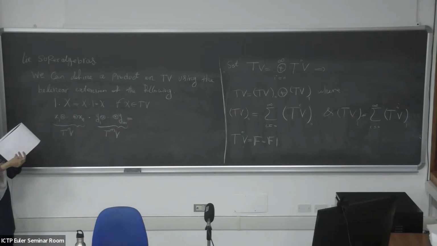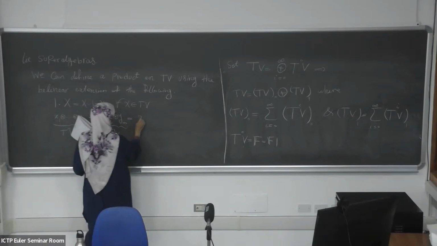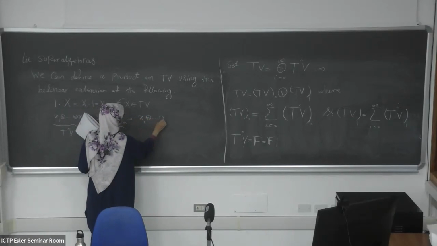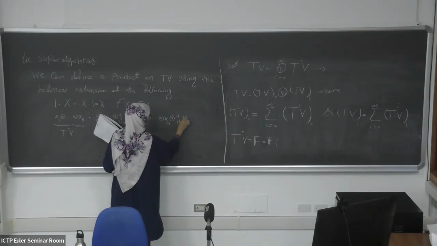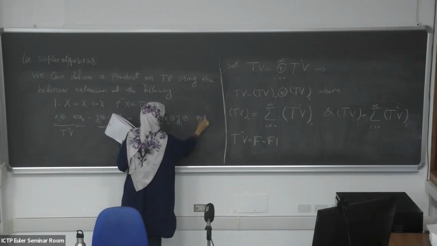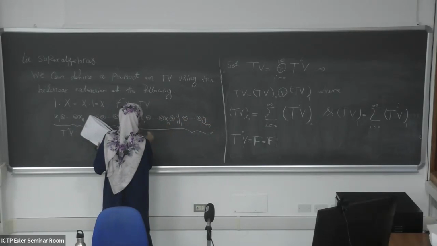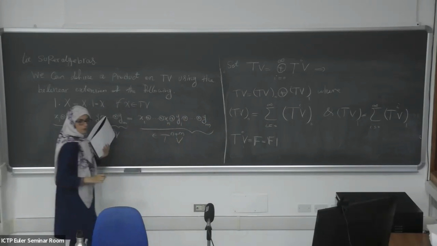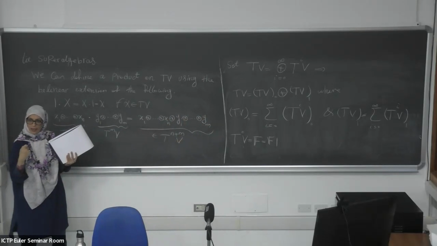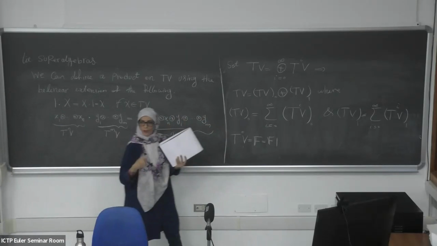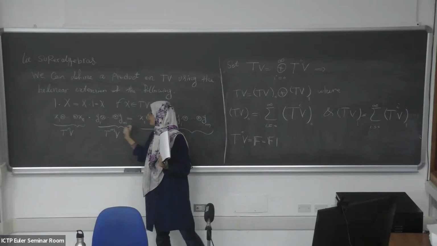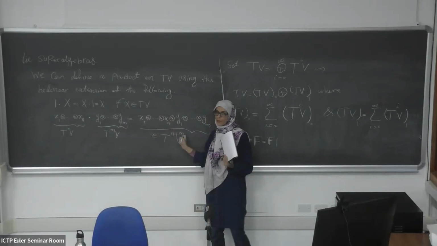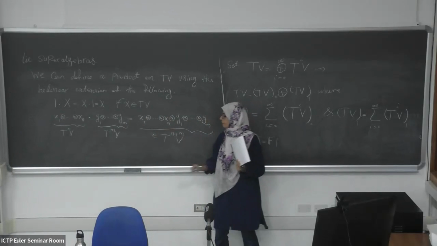I just put them together: x1 ... xn y1 ... ym, and it is an element of T^{n+m} V. I get an element of T^n V and an element of T^m V, and define the product, which is an element of T^{n+m} V.